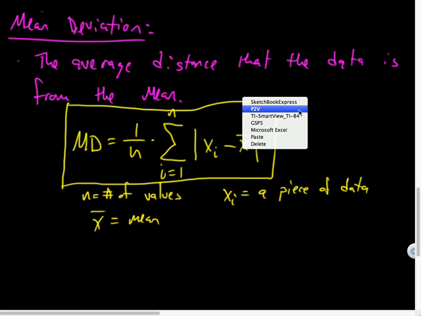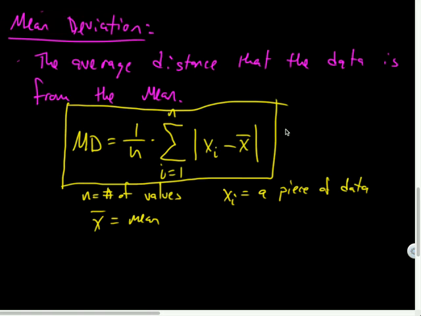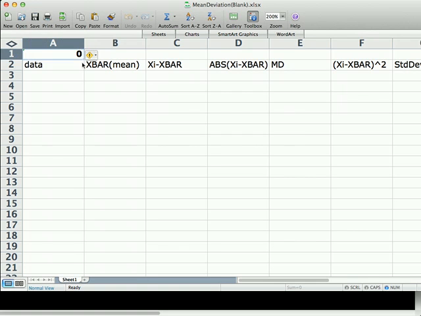So let's open up Excel. And let me get some data here. What's some good data today? What should I collect for data? 8, 4, 90, 9, 9, 4, 0.